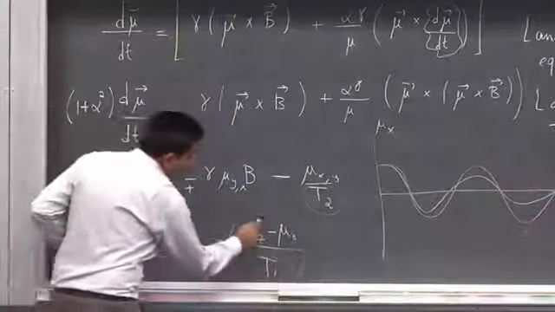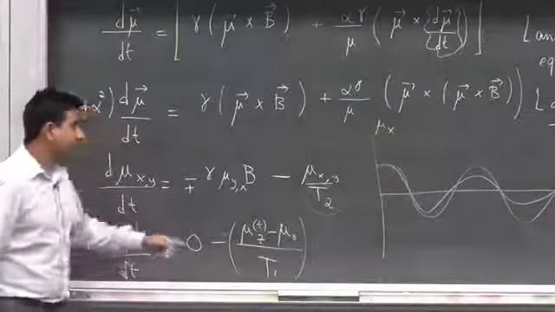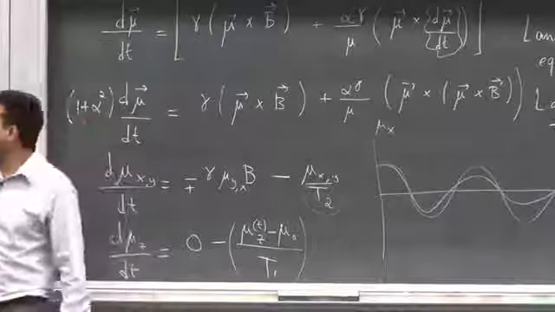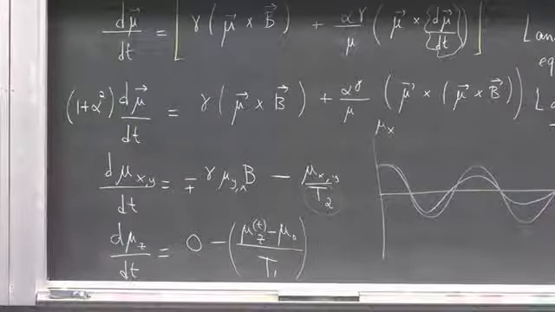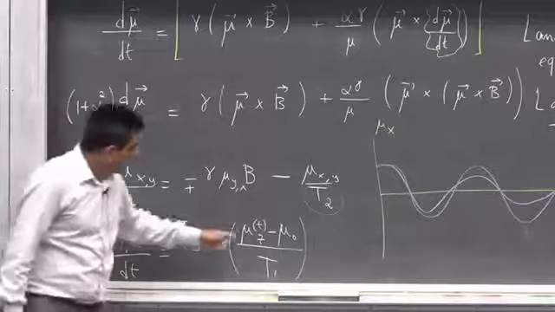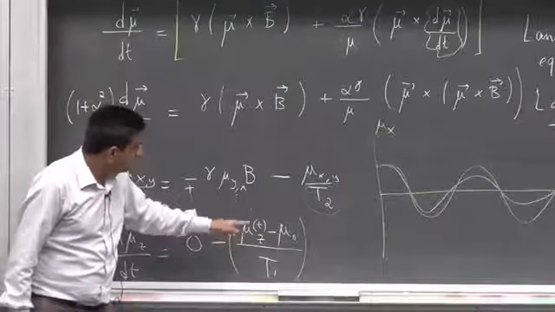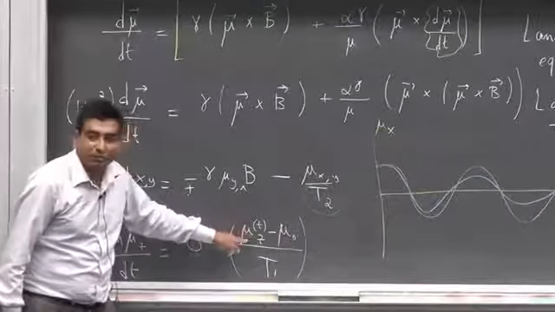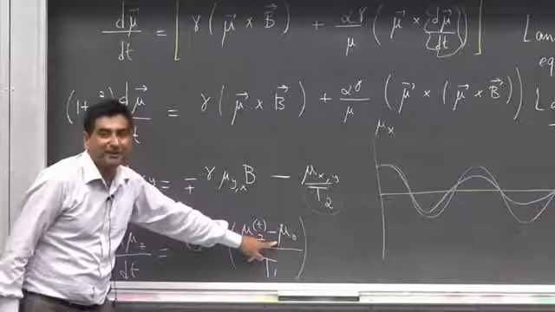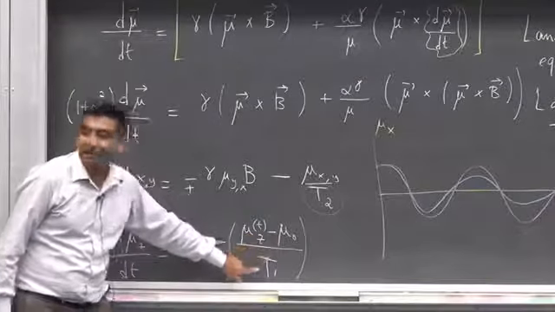Mu z is the z component of the magnetic moment, and mu naught is the equilibrium z component of the magnetic moment. In equilibrium, it's mu naught. So, how far is your instantaneous magnetic moment z component from its equilibrium value divided by a time constant?